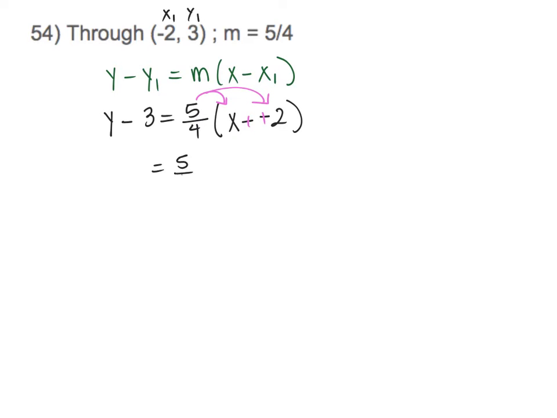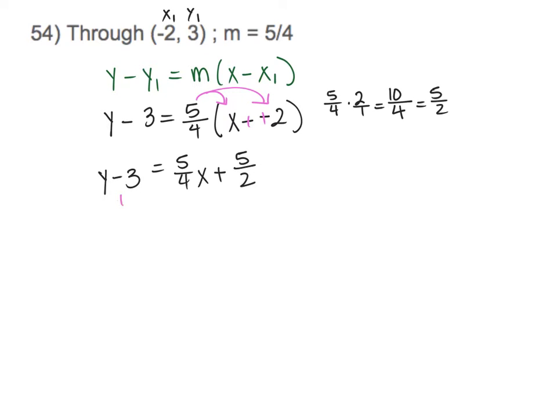So this becomes 5 over 4x plus, let's see, 5 over 4 times 2 is going to be 10 over 4, right? So 5 times 2 is 10, 4 times 1 is 4, which can be reduced to 5 over 2. So that's going to be 5 over 2 over here. And then this side's y minus 3.